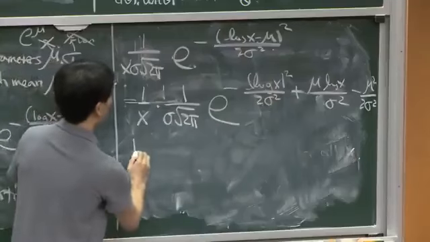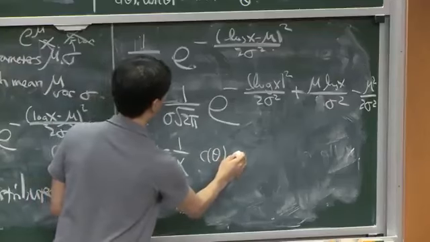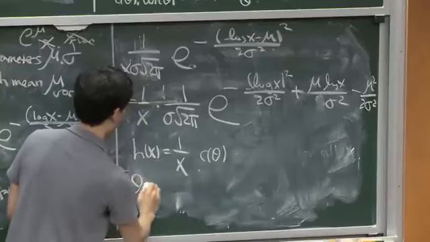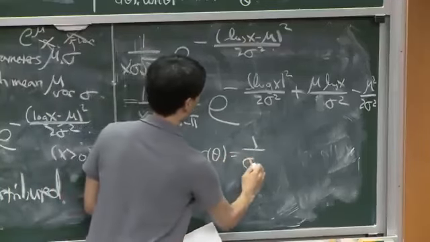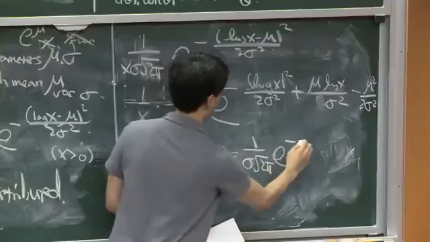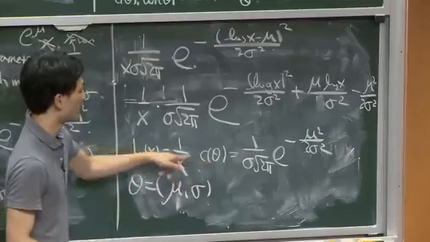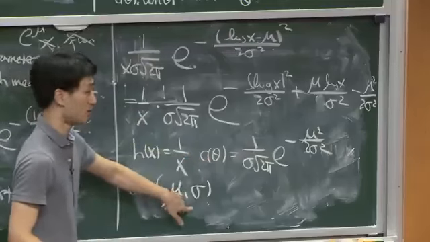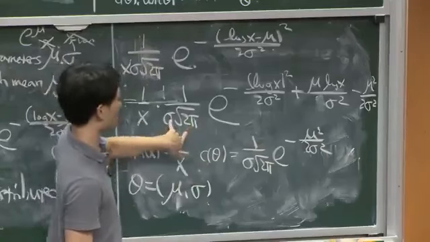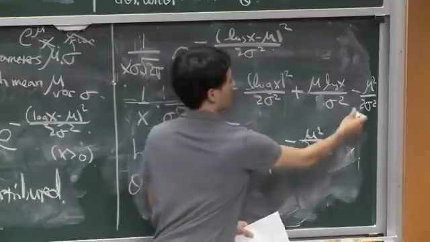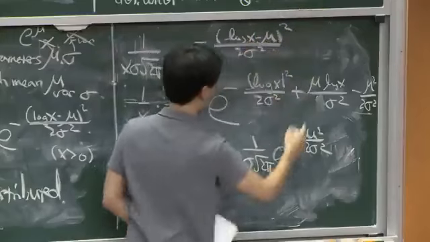To write it like that, set h of x equals 1 over x. Let theta equal mu, sigma. Then c of theta is equal to 1 over sigma square root 2 pi e to the minus mu squared. So you will parameterize this family in terms of mu and sigma. Your h of x here will be 1 over x. Your c of theta will be this term and the last term here, because this doesn't depend on x. And then you have to figure out what w and t are.